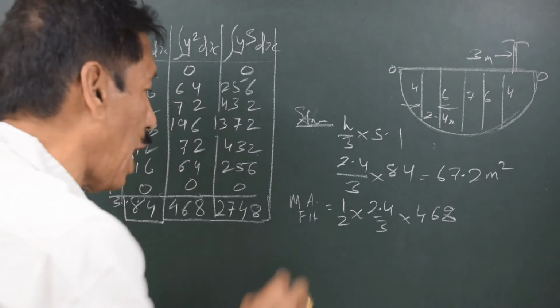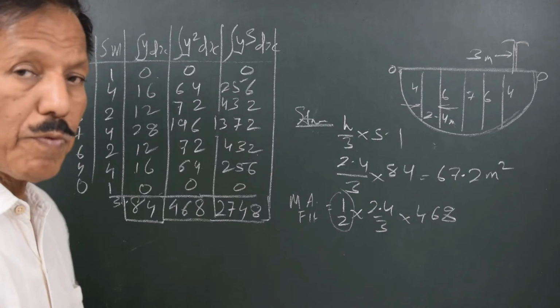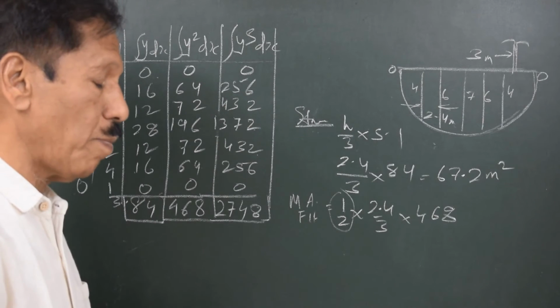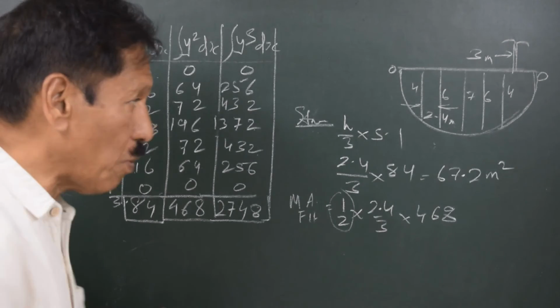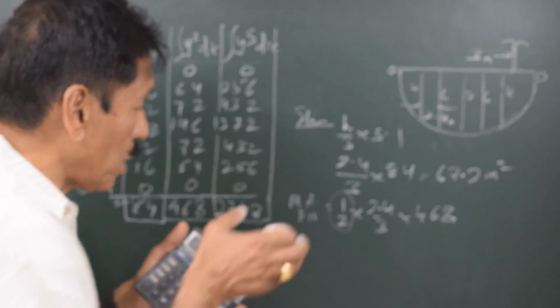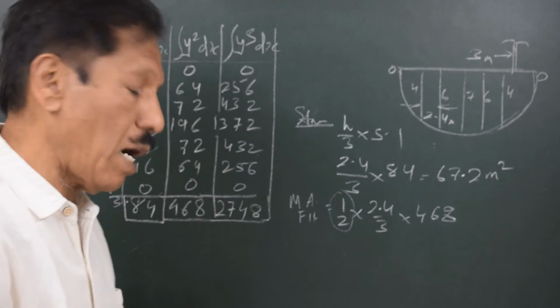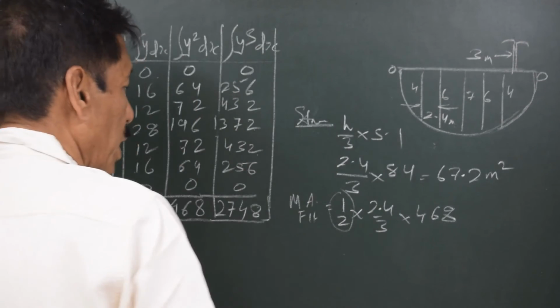Now this half I have introduced, this comes from the basic formula. We are not doing the proof right now, but please remember, whenever the ordinates are perpendicular to the reference axis, for the moment of area there is an inclusion of this half. Not to forget this, otherwise the entire numerical will be wrong.